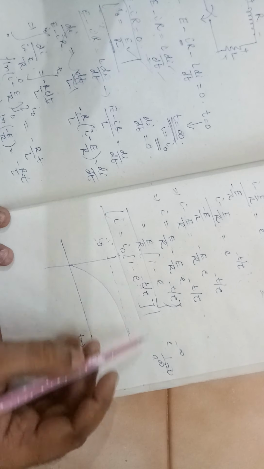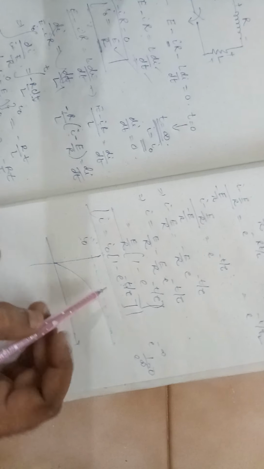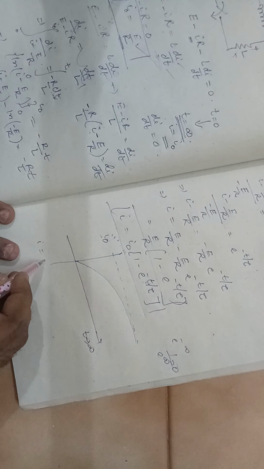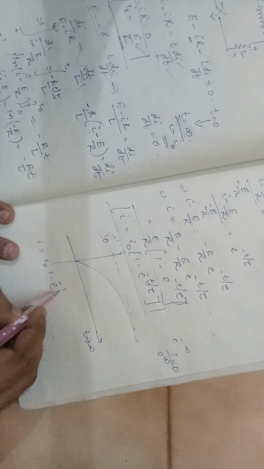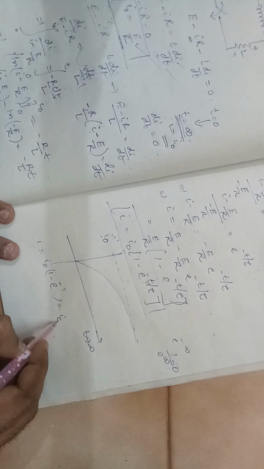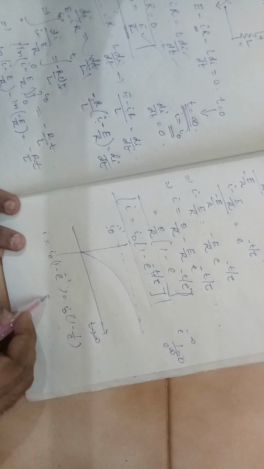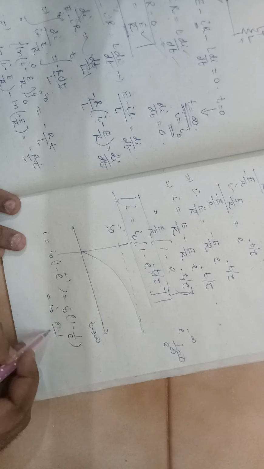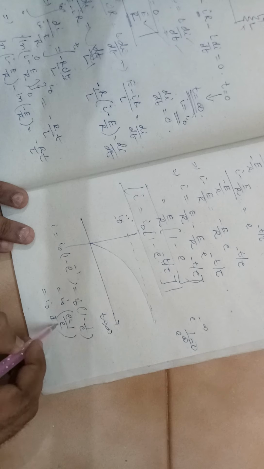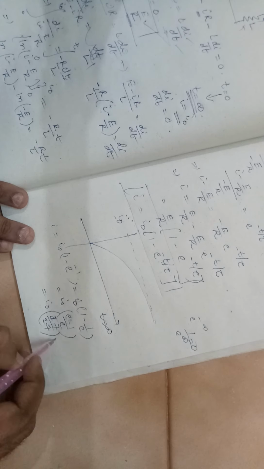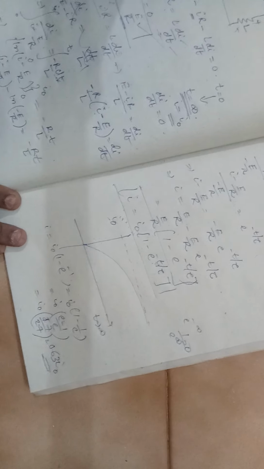If t has been put as tau, if t is equal to tau, then I becomes equal to I0 into 1 minus e power minus 1, which is nothing but I0 into 1 minus 1 by e, or I0 into e minus 1 by e, or I0 into 1.7 by 2.7, which is approximately equal to 0.63 I0.